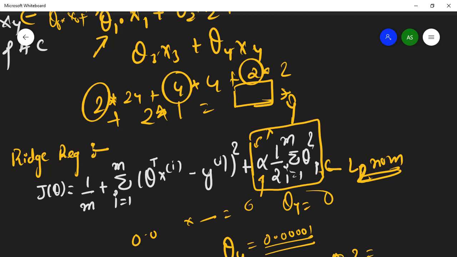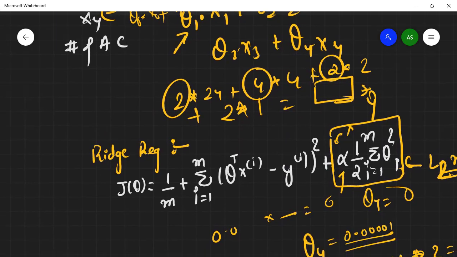You are explicitly handling theta 0 because theta 0 is your bias term and you do not want to penalize it. We go from i equals 1 all the way down to m, not i equals 0, and we explicitly take the derivative of theta 0 separately, because we don't want to penalize our bias term. So this is the ridge regression.